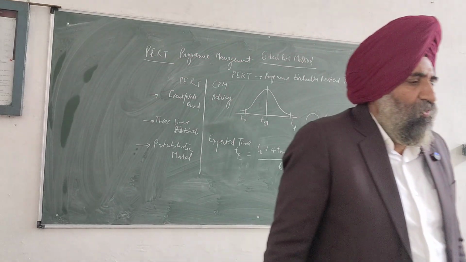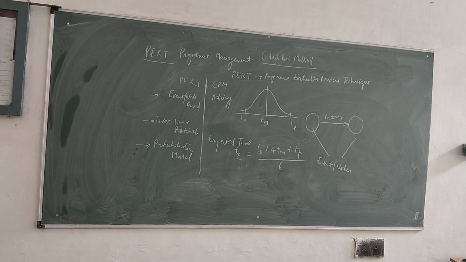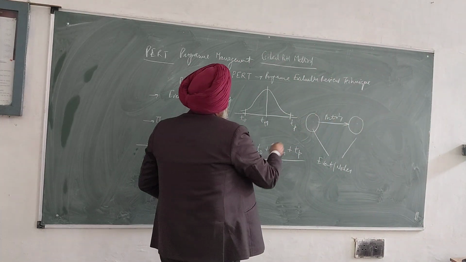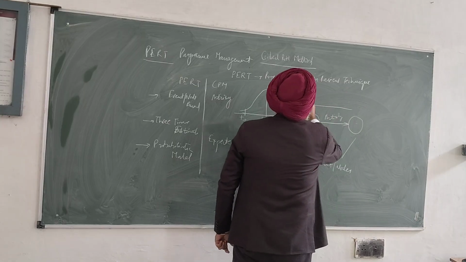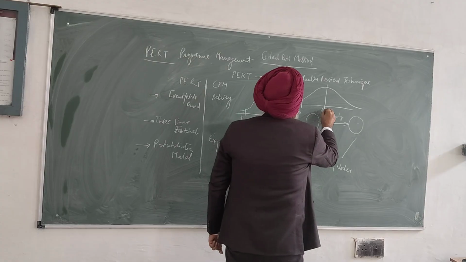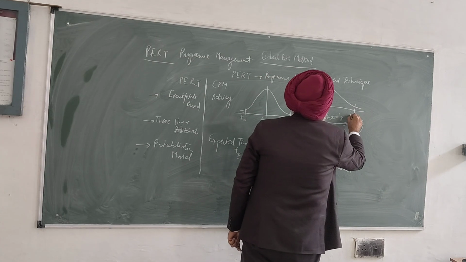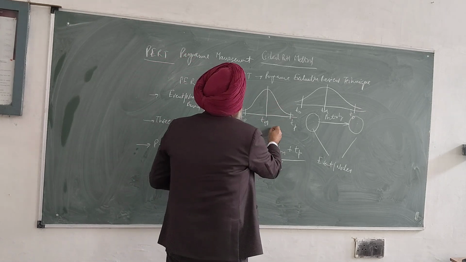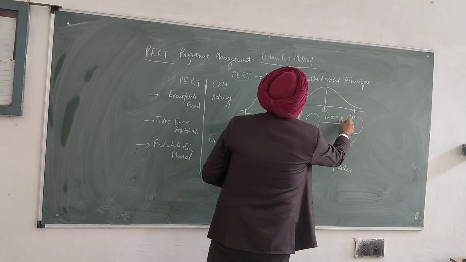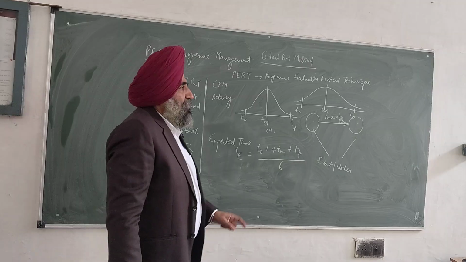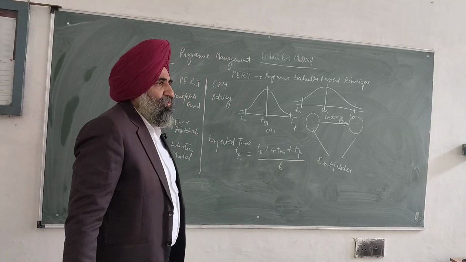Another thing, we'll calculate the standard deviation also, because of the dispersion. If I put it like this, again this is TO, this is TM, and this is TP. Clear? Again we'll calculate. And here if you look at path A and path B of the problem, this is more expanded along the dispersion. So this is another important data which we will calculate.